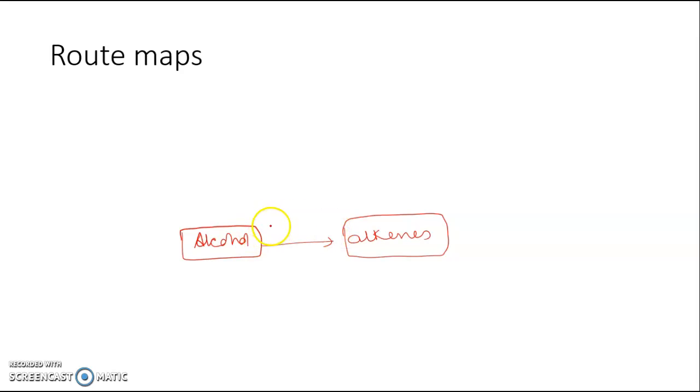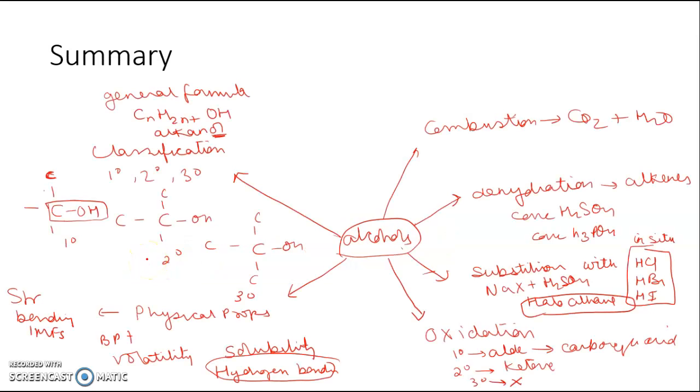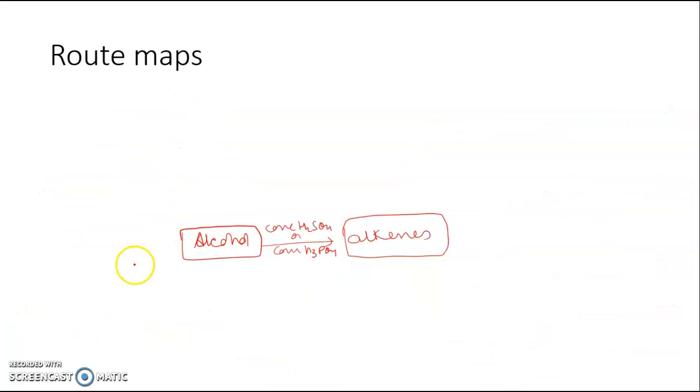You would need to put your reagent here. So you've got concentrated H2SO4 or concentrated H3PO4. We've also seen that you can substitute with NaX. So if you have NaX plus H2SO4, this would produce HX in situ.